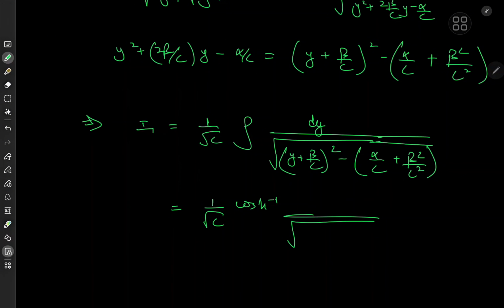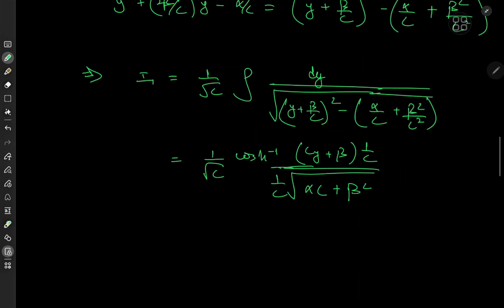And this sorts out to, let's see, c times y plus beta, all times 1 over c. And then in the denominator, we do in fact have a 1 over c term there as well because of the LCM of c squared, square root meaning 1 over c. And what do we got? Alpha c plus beta squared, which does look pretty cool.